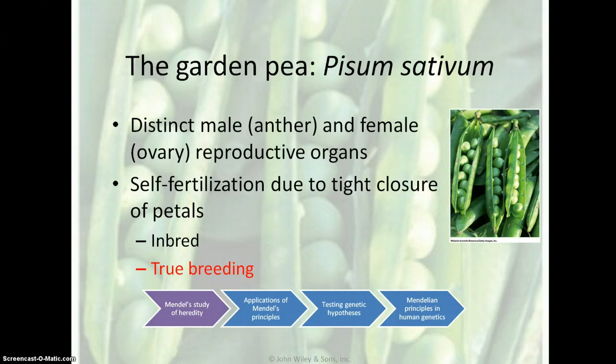For this reason, self-fertilization is possible, which is the transfer of the male gamete, the sperm, in the pollen grains to the ovary, the female part. And for this reason, many of these strains are inbred, and allowed him to produce true breeding strains.